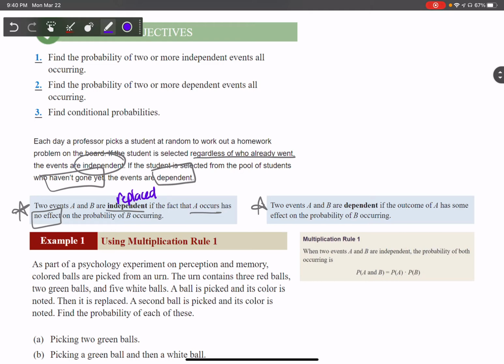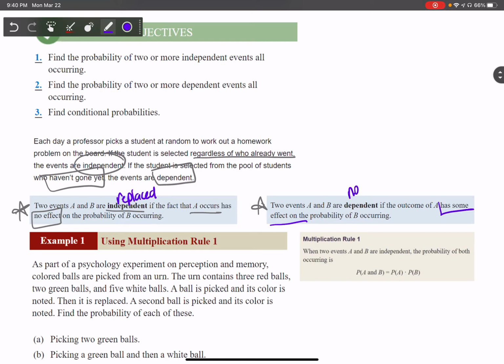However, we also have dependent events. Two events A and B are dependent if the outcome of A does have an effect on the probability of B occurring. So, as we said before, such as the students, if it's selected from a pool of students who have not gone yet, that's dependent because in order for us to know who hasn't gone yet, we have to know who has gone. Some more examples of a dependent event would be drawing a card from a deck, not replacing it.